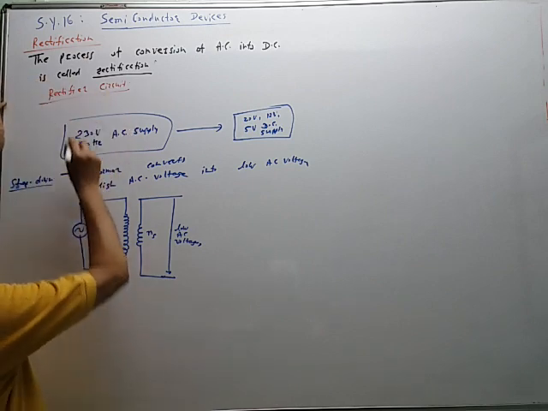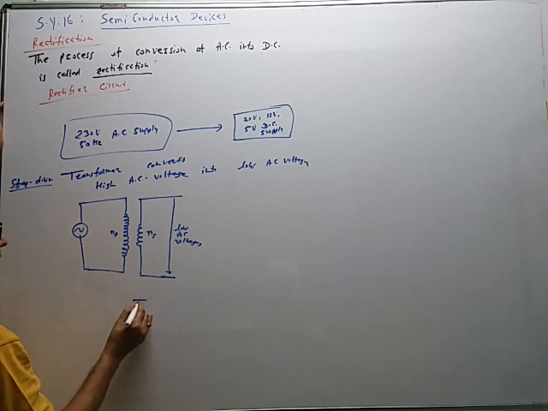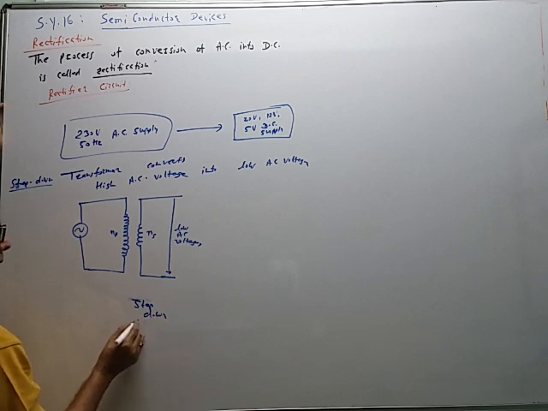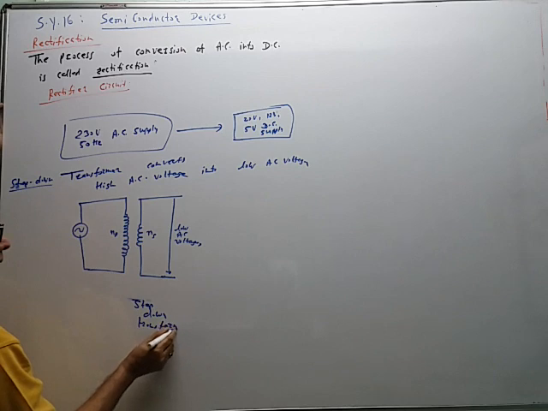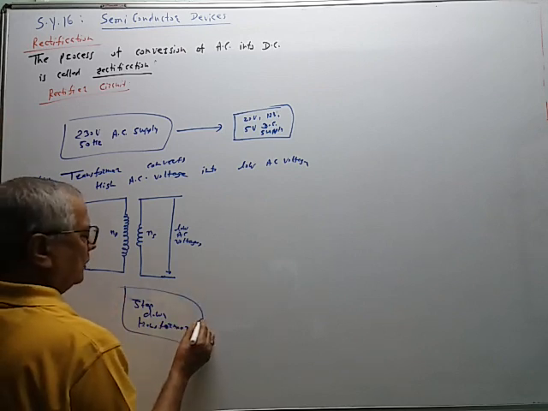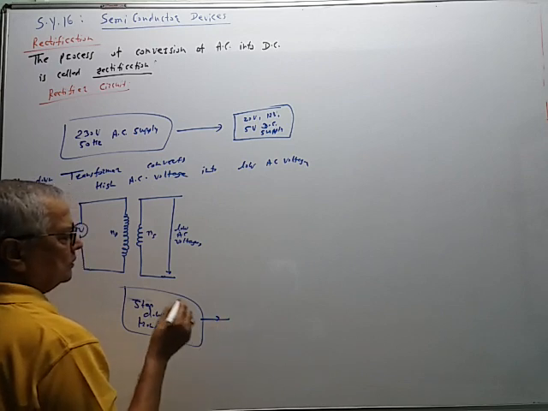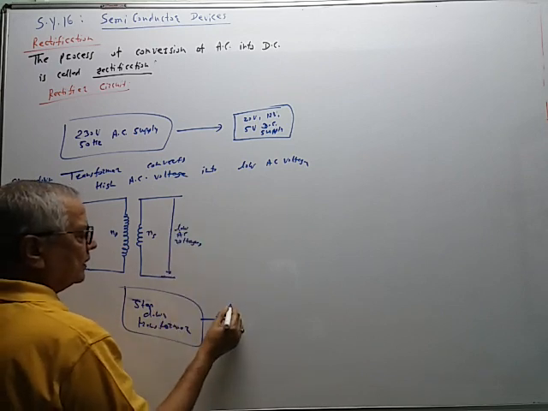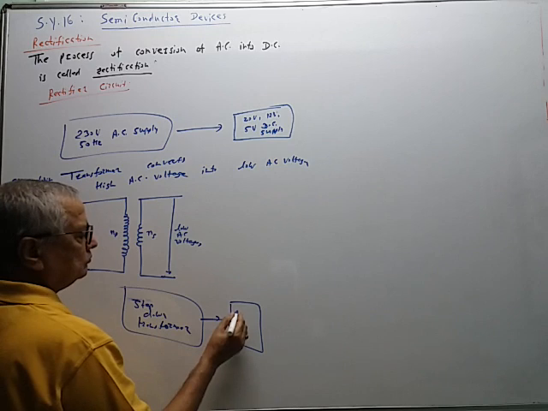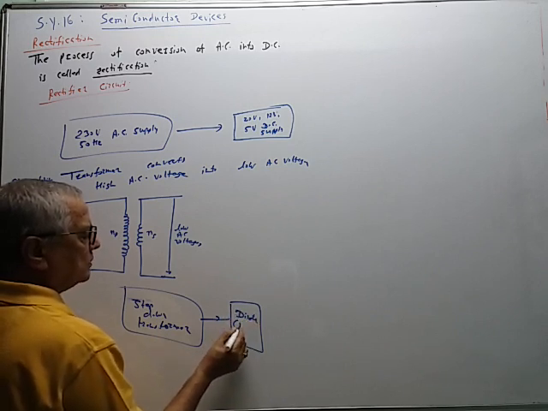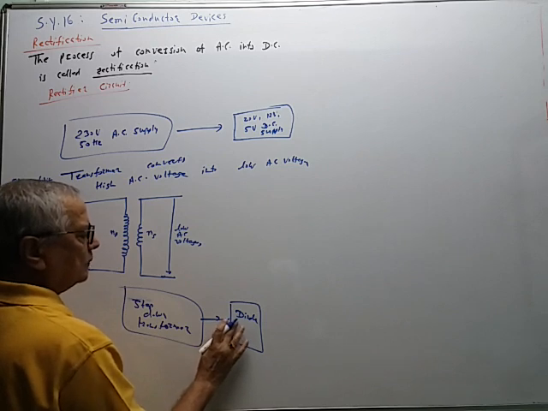So in rectifier circuit, what is the arrangement? We require a step down transformer. Then this AC output of the transformer having low value is connected to the diode. Diode means junction diode.